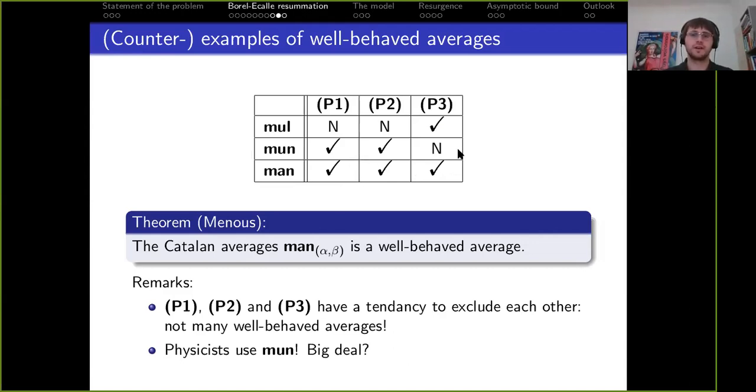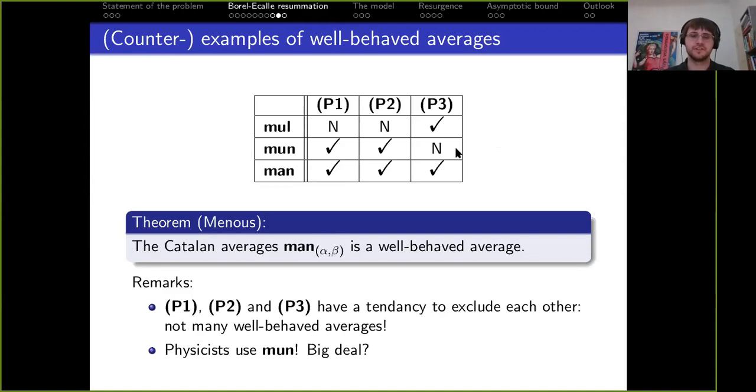Ecalle and Menou also claimed that the median average does not solve the analytical problem. So since this is the average that physicists use, the median average, we can ask whether or not that is a problem. I am pretty convinced that it is not a problem, because essentially it's used for the transseries approach to resurgence, not for Borel-Ecalle resummation.